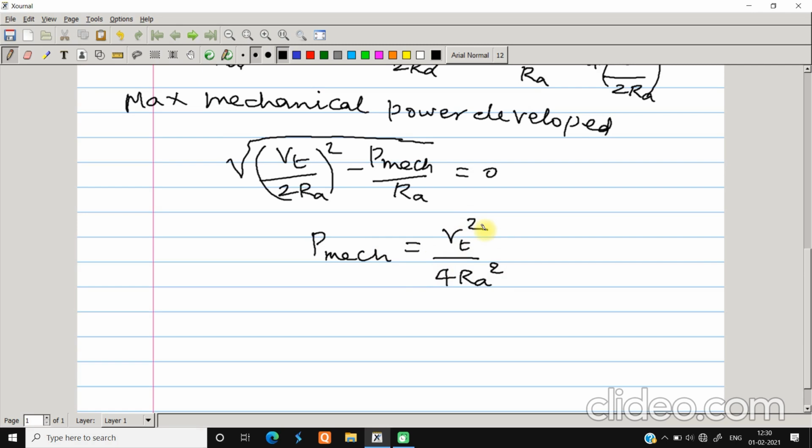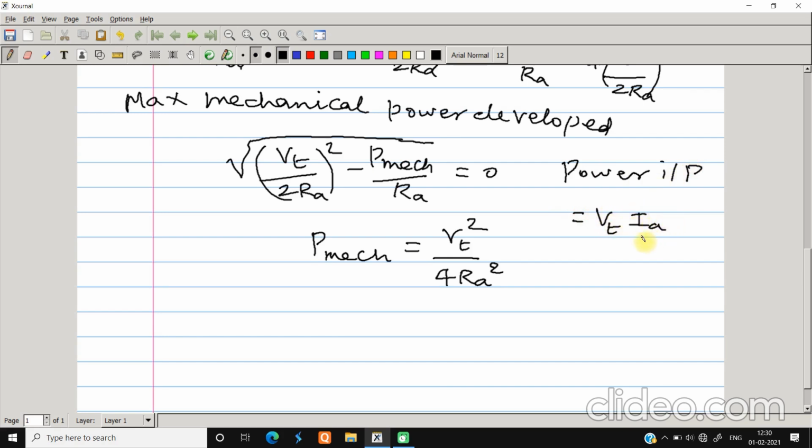And we can derive this equation from other conditions too, when the mechanical power developed will be the power input. So for the maximum mechanical power condition, the power input will be Vt into Ia.